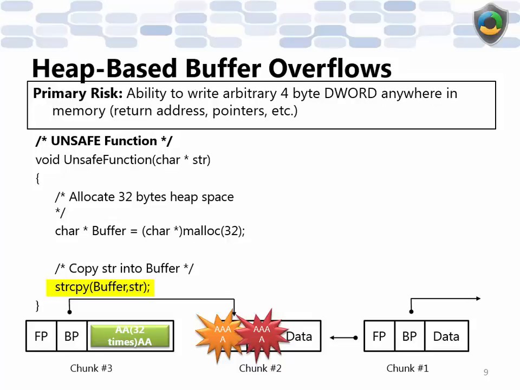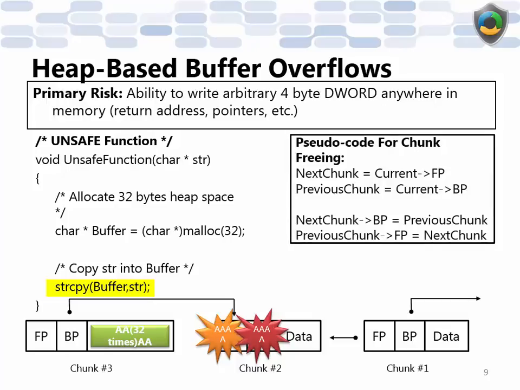The rest of the A's spill over into the adjacent heap chunk and overwrite the forward pointer and back pointer fields. Now chunk 2 is deallocated, or freed, so the malicious user will be able to write the 4-byte DWORDs elsewhere in memory. As you can see in the picture right here, on the right side is pseudocode that shows what's going on.